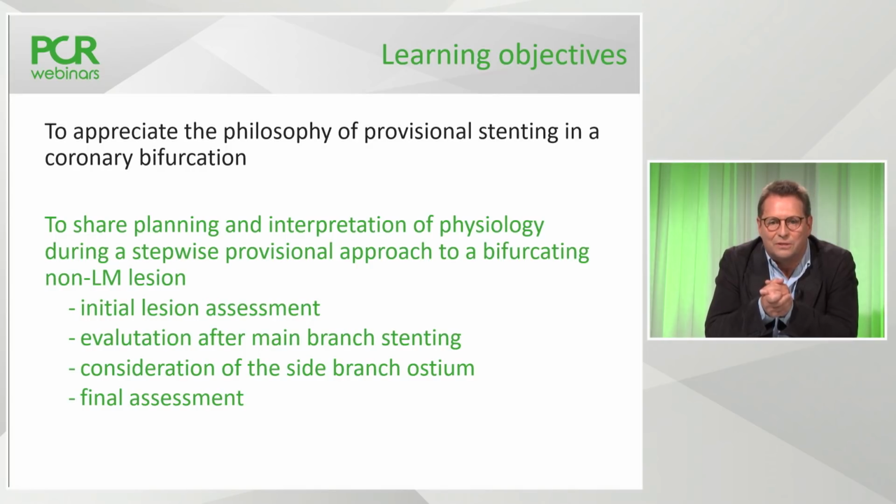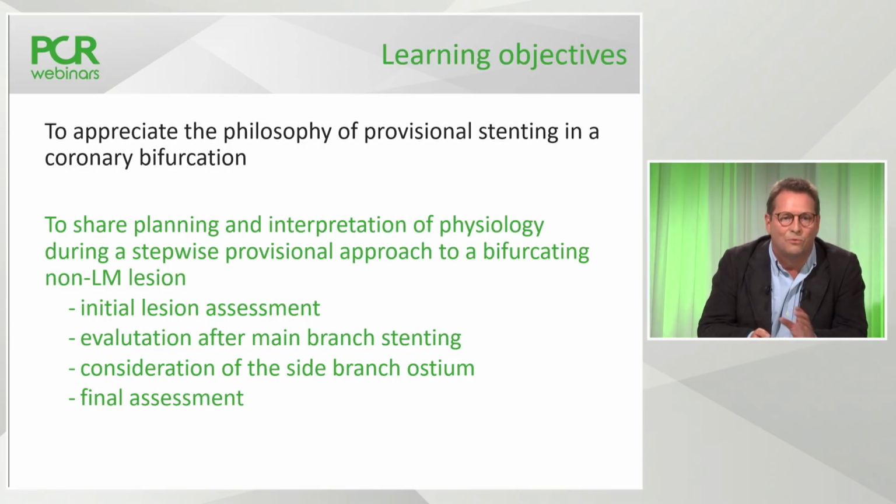There are different steps which are really important and where we need a guide. First is the initial lesion assessment. After that, evaluation after main branch stenting, and of course consideration of the side branch ostium in that respect. And finally, the final assessment. And these are the learning objectives for today, and we will run through them during the next hour.